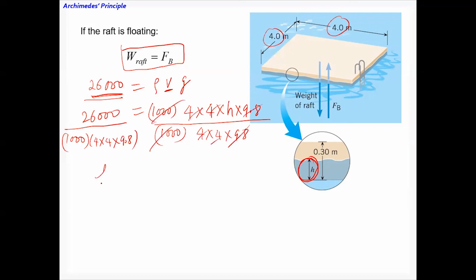Then you have H equals, if you do the calculation here, 0.17 meter, okay? So it means out of 0.3 meter, only 0.17 meter has to be underneath the water so that the buoyant force is enough to hold the raft.